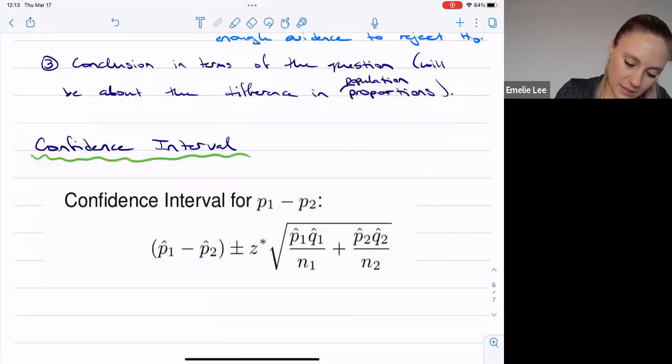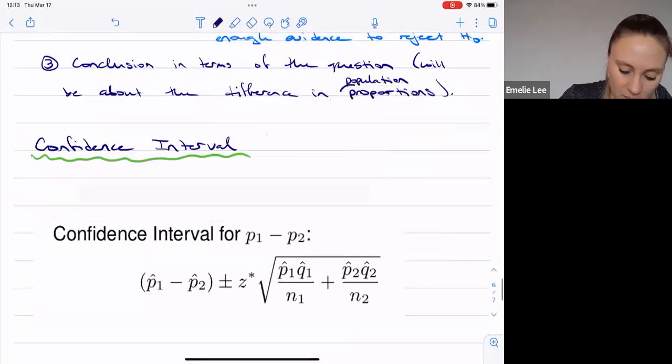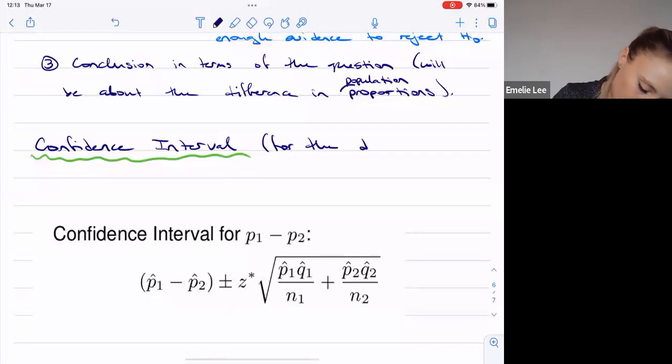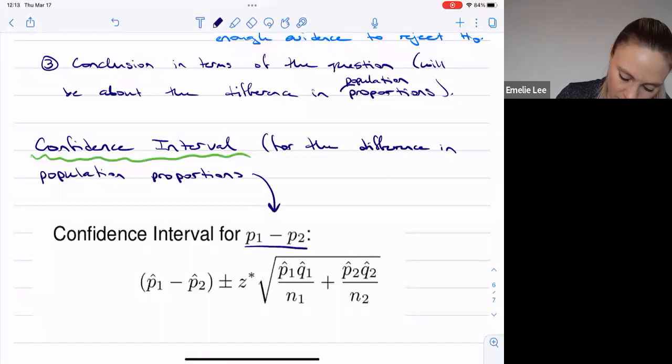Okay. And the confidence interval is a confidence interval for the difference in population proportions, which is P1 minus P2.